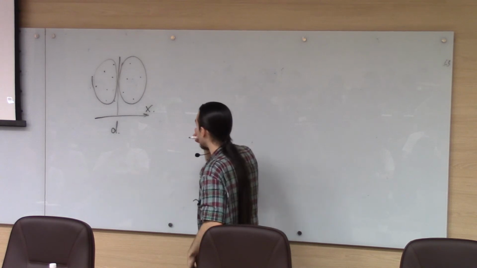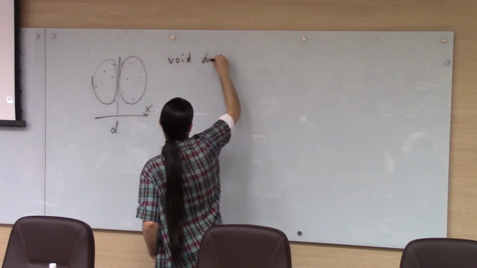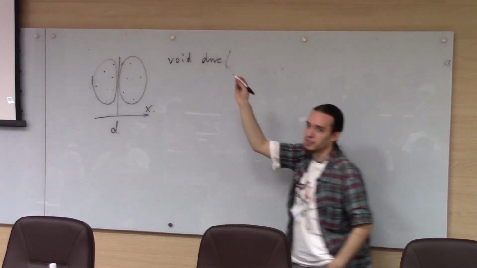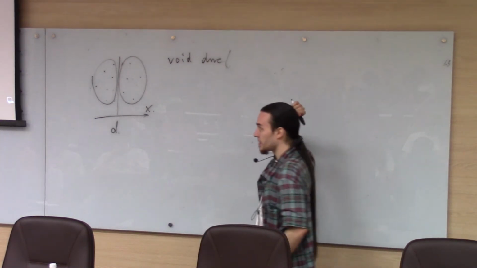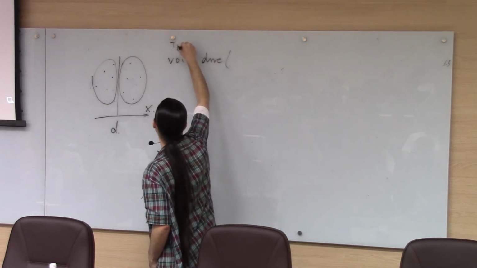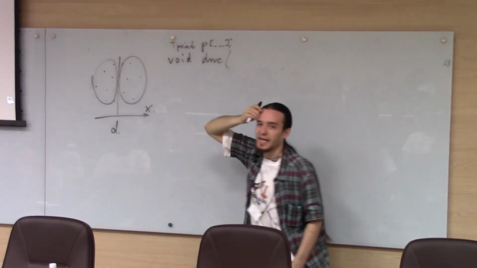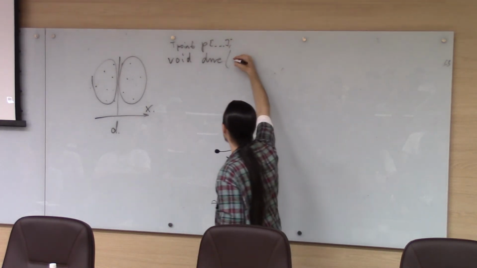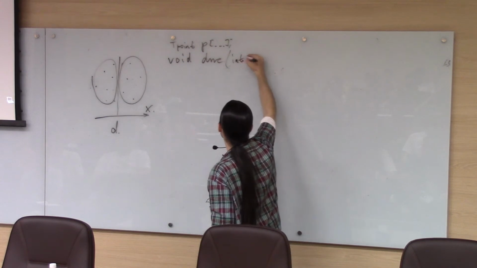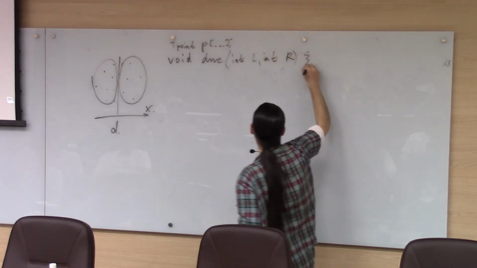And so then we do this procedure. I'll call it DNC for divide and conquer. I'm assuming that there's some global array of points, and I want to solve the problem for a certain range of points.